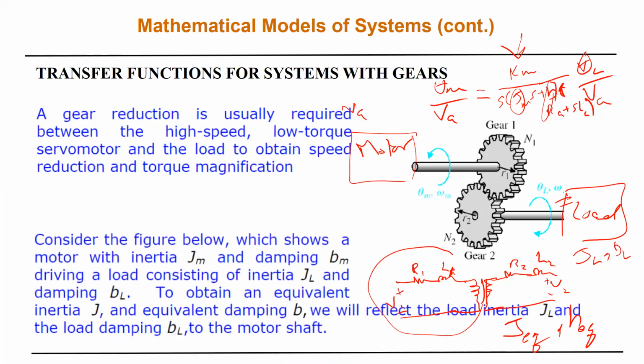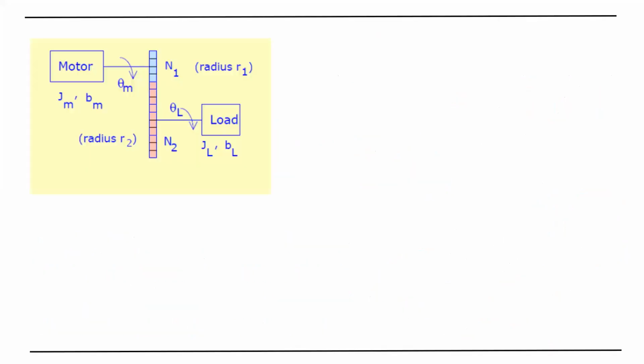So we would like to find the relationship. If I reflect JL and BL to the motor side, what do I have to do? Suppose this is what we have: a motor side and a load side.